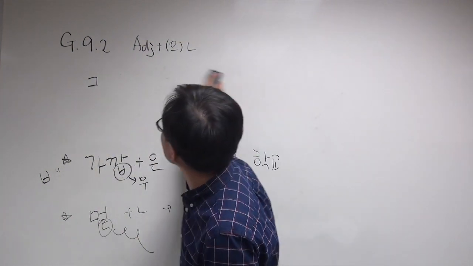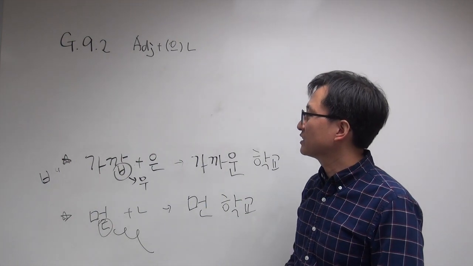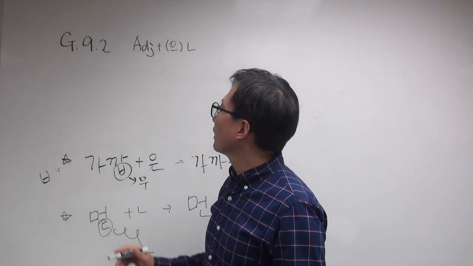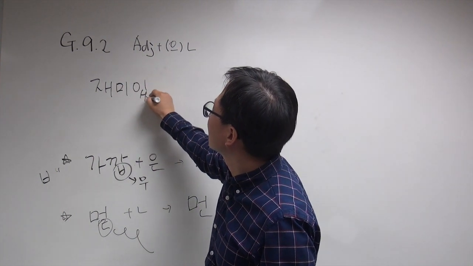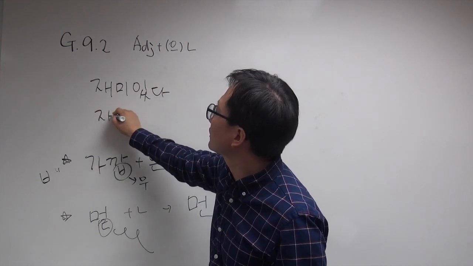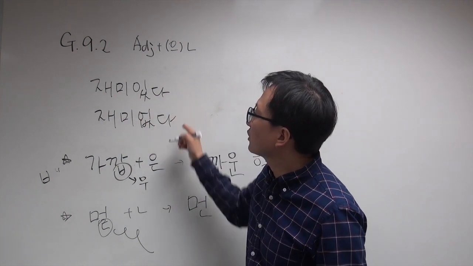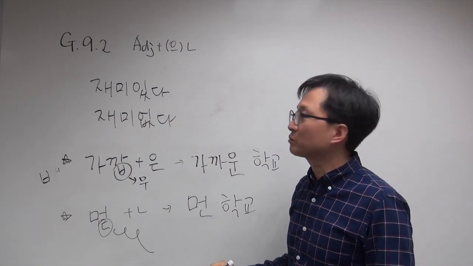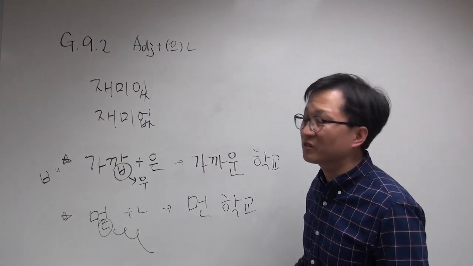Adjective 은 is not very difficult. Just one more thing. 재미있다, 재미없다. 있다 and 없다. 재미있다, 재미없다, they are adjectives. But 있다, 없다 change a little differently.